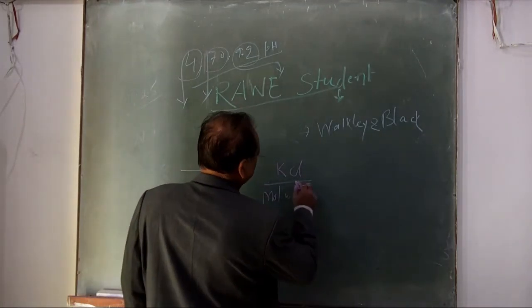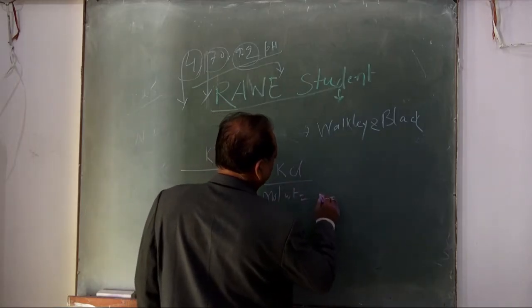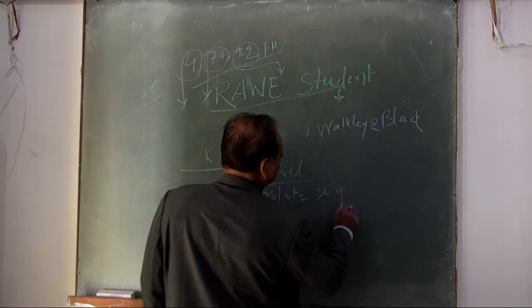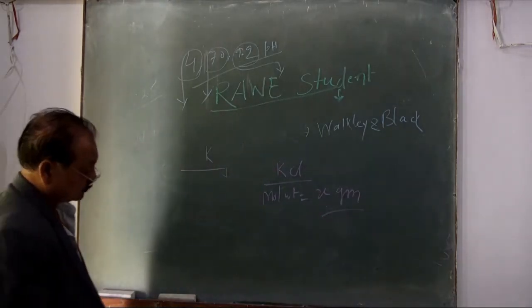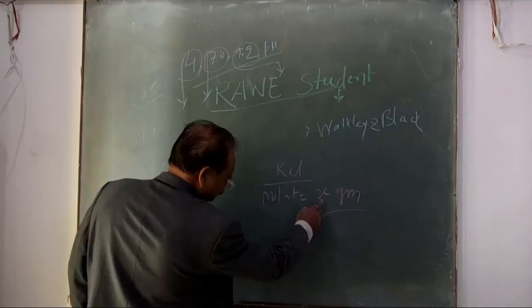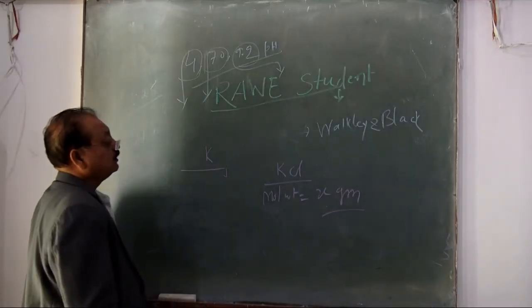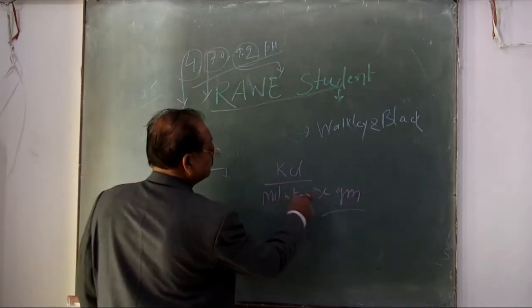Let's suppose the molecular weight of potassium chloride is X gram. Out of this X gram, how much potassium is there?